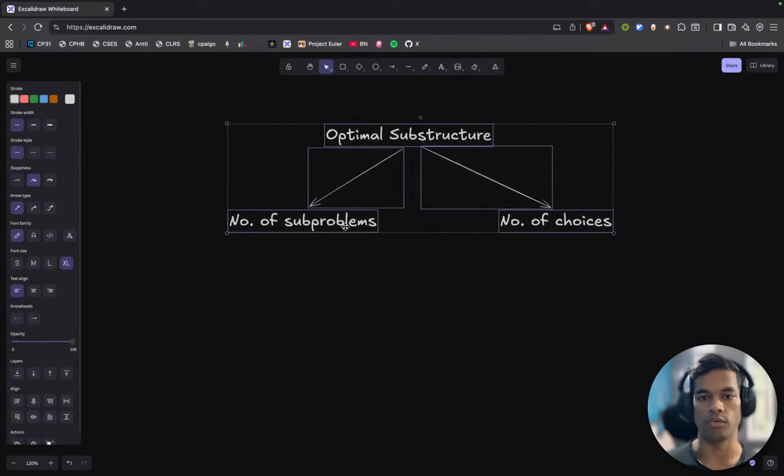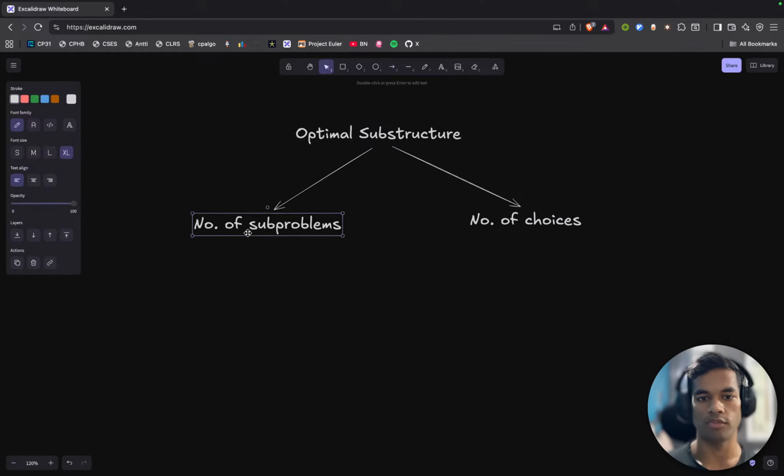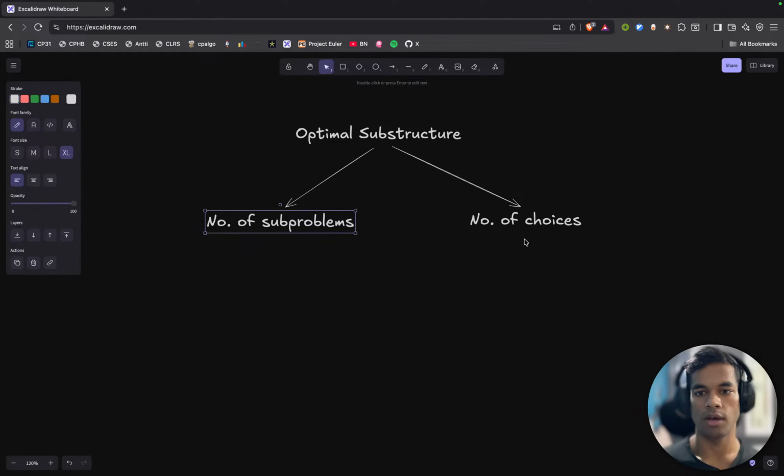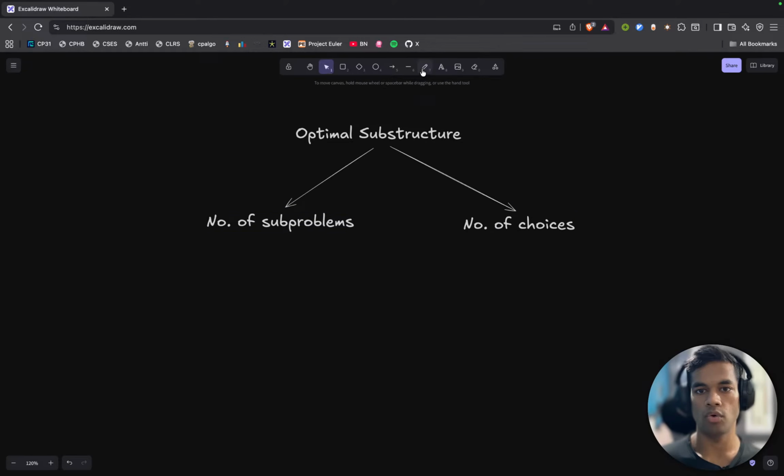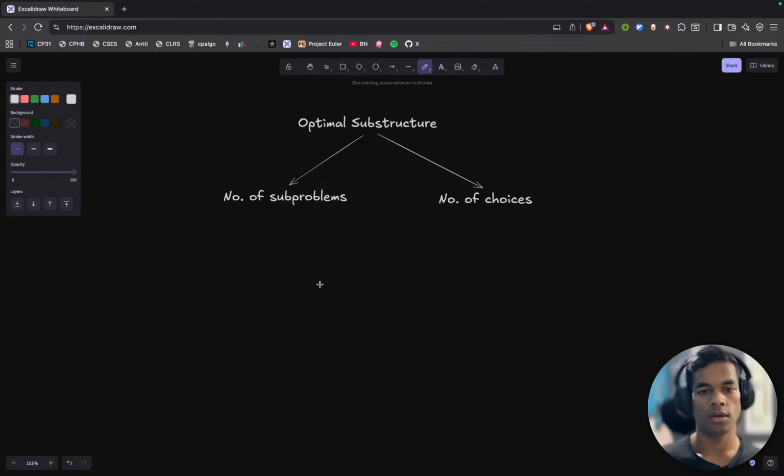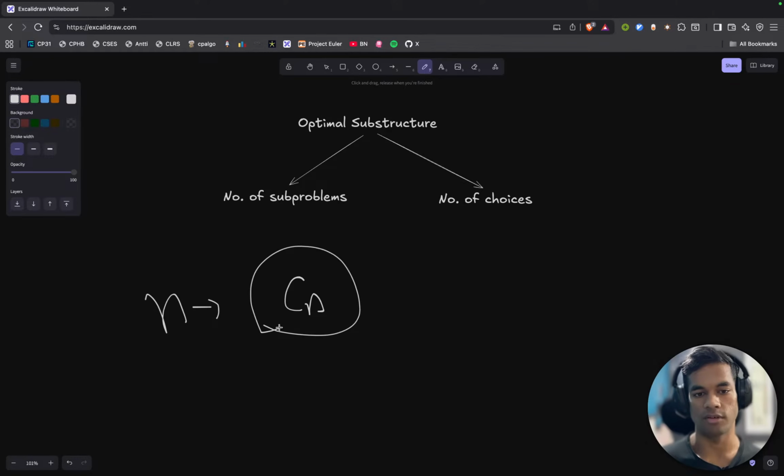That is actually very true. Optimal substructure depends on the number of subproblems we have and the number of choices. If we go with the coin change problem to get to a sum of n, we have at any point Cn choices.